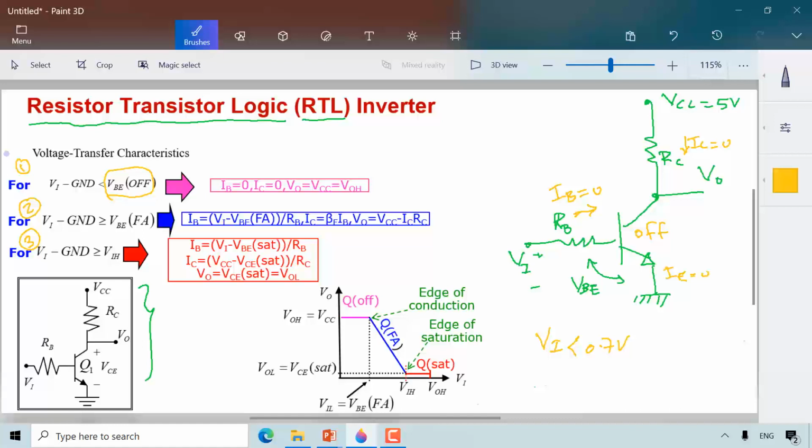Word of caution here: the collector current is 0 provided you don't have anything that drains current at the output, and we are assuming that there is nothing.